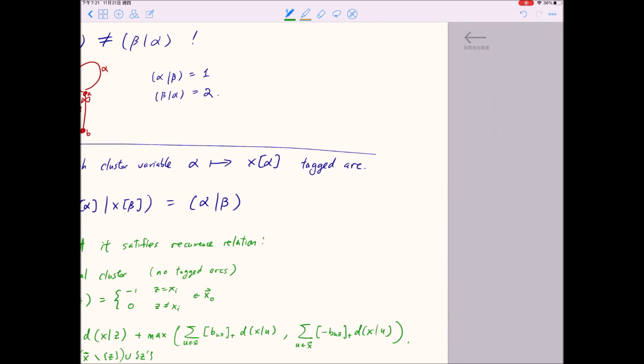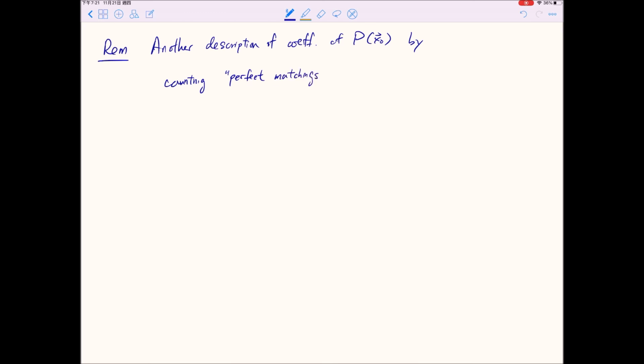Okay, finally, we also want to remark that there's another description of the coefficient of the polynomial. And this is given by counting perfect matchings of some graph called the snake graphs.